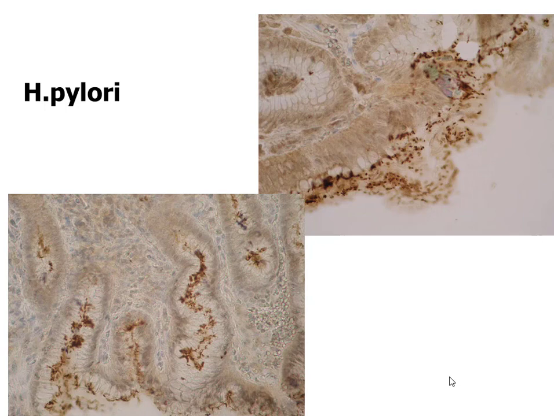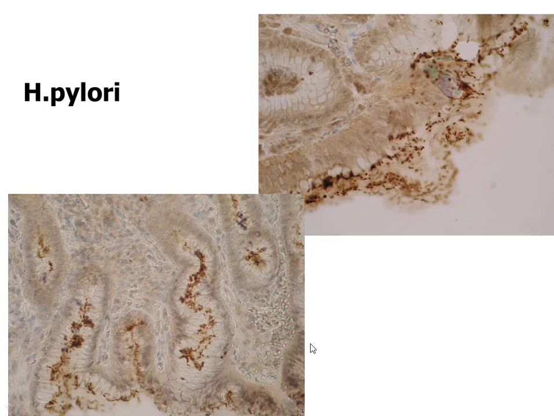It's very important to know the presence of this microorganism in the mucosa of the stomach. We can do that with a lot of different methods, but they are not direct, not real, not so sensitive like immunohistochemistry. When we use immunohistochemical identification of Helicobacter pylori, we can see this microorganism with our eyes.